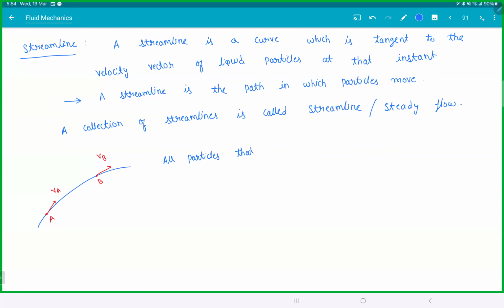All particles that reach A have speed VA, and the speed becomes VB when they reach B. The speed of the particles is changing, but it is constant with position.